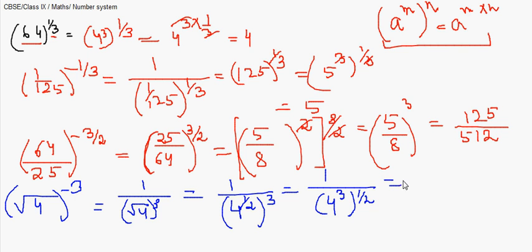That would also give you 4 4s are 16, 16 4s are 64, 64 to the power 1 by 2, that means the square root, that is 8. So the answer is 1 by 8.